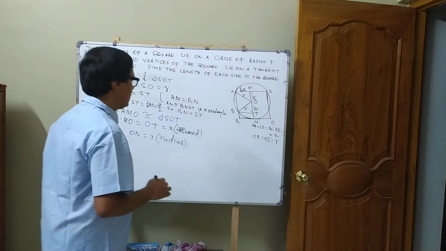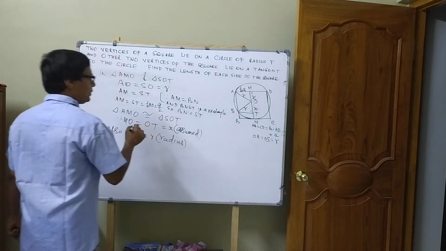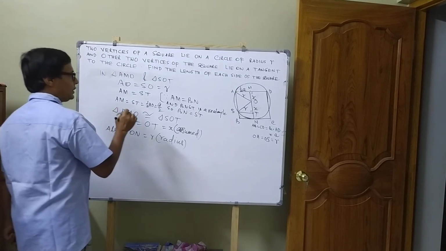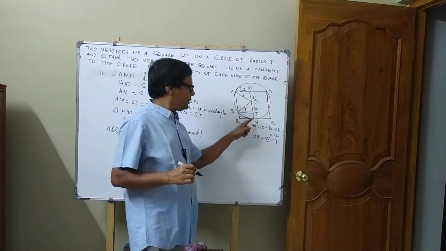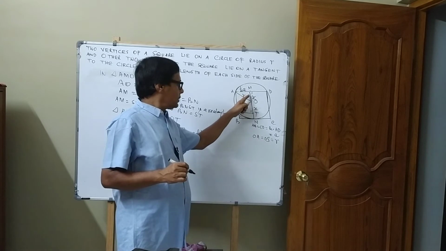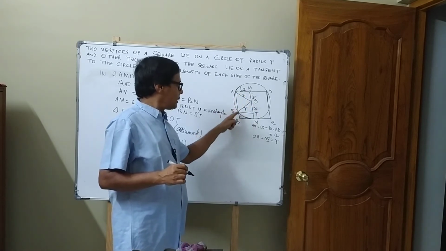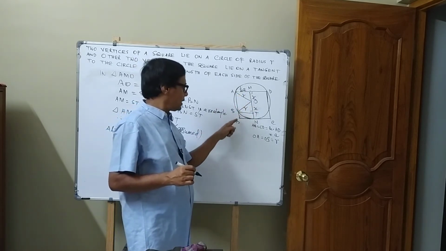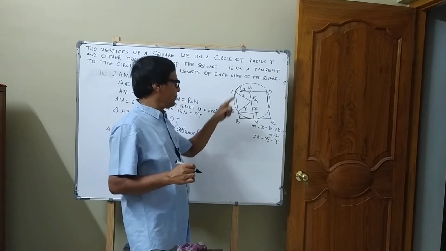So we can say that this line, MN, is one of the sides of this rectangle ABNM.